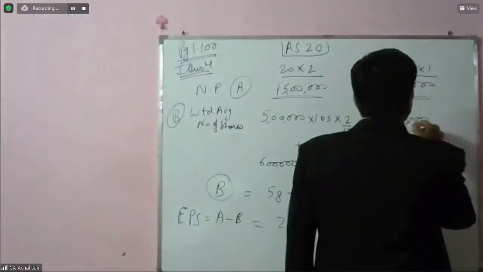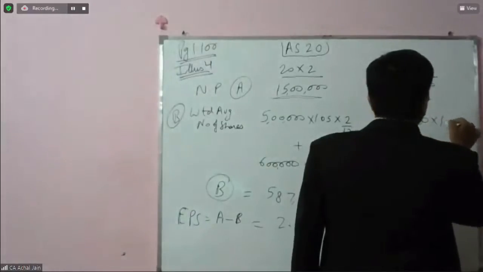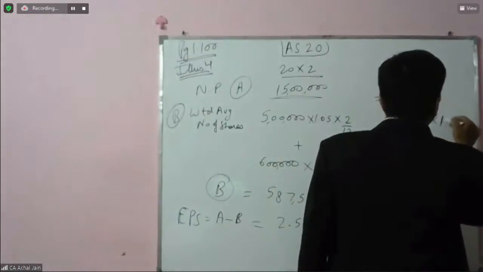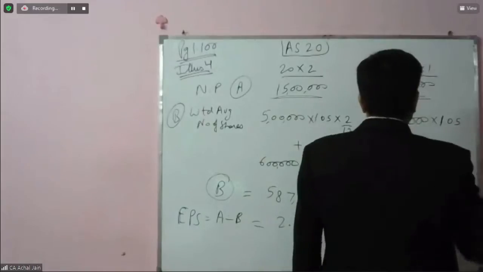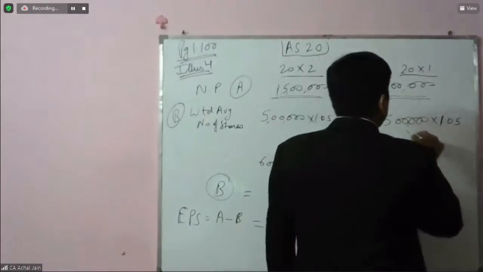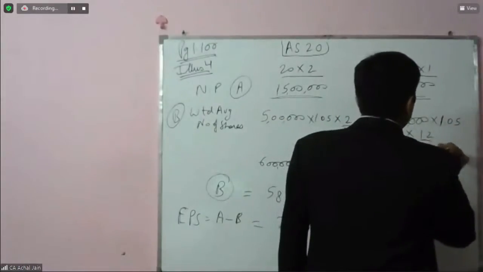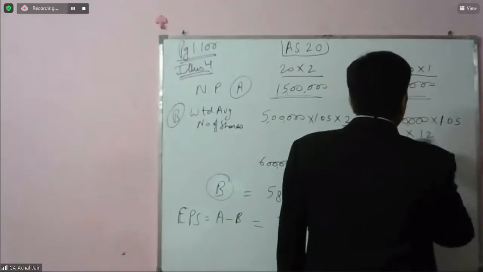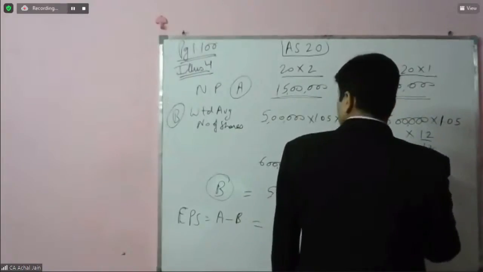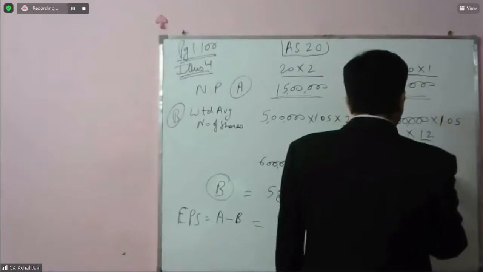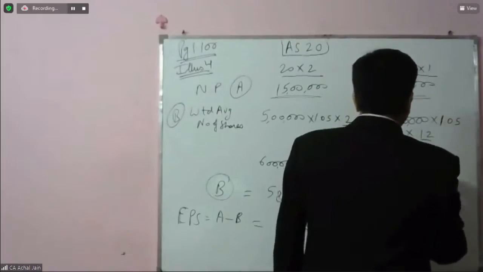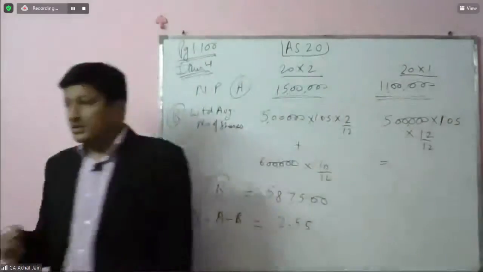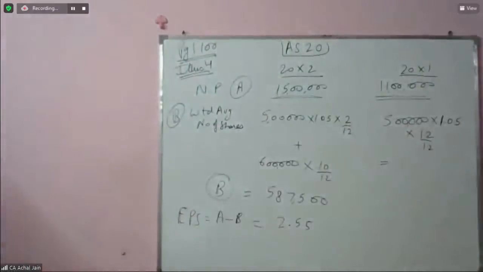And because the last year was all without right issue, that's why this will be for 12 months. So now, can you tell me what is going to be the amount? 5 lakh into 1.05.